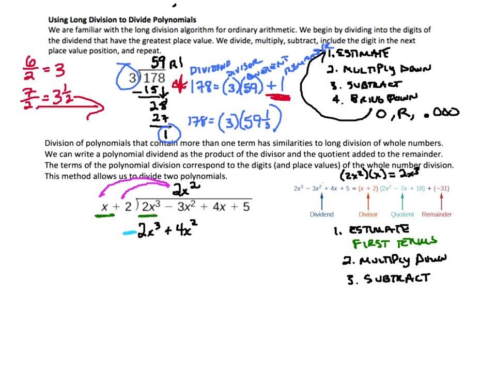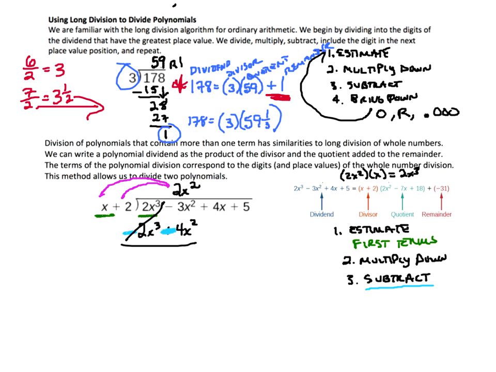So this becomes a negative 2x cubed, and this becomes a negative 4x squared, because I'm subtracting that polynomial. And combine down. Okay, so 2x cubed and negative 2x cubed go away. You wanted that to happen. You're trying to whittle this polynomial down smaller and smaller.